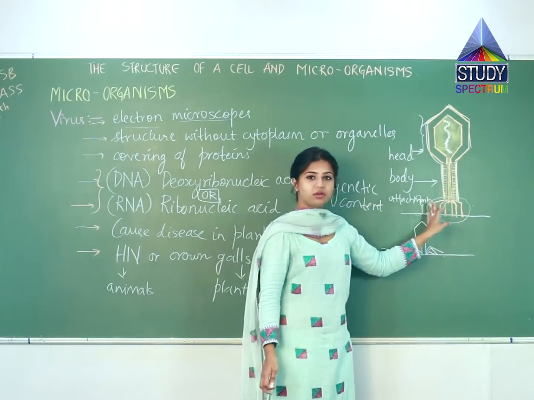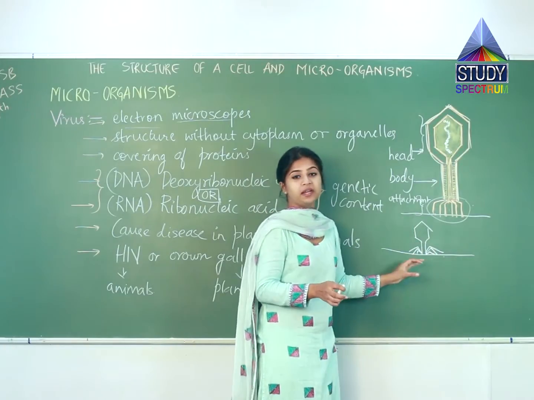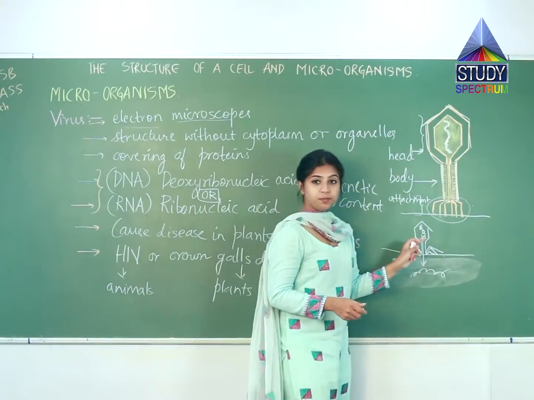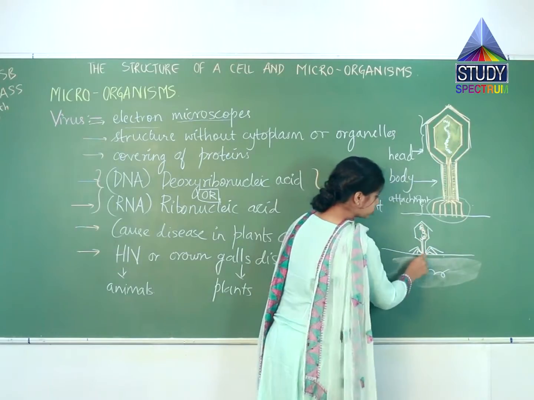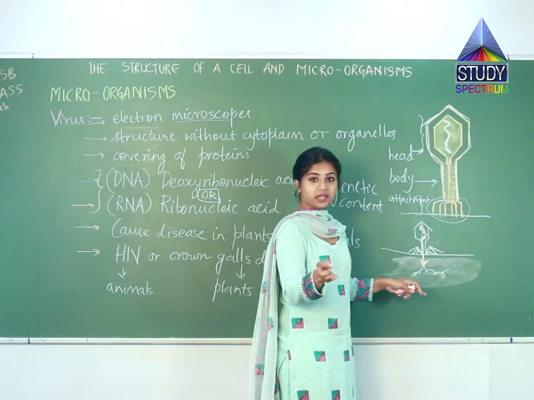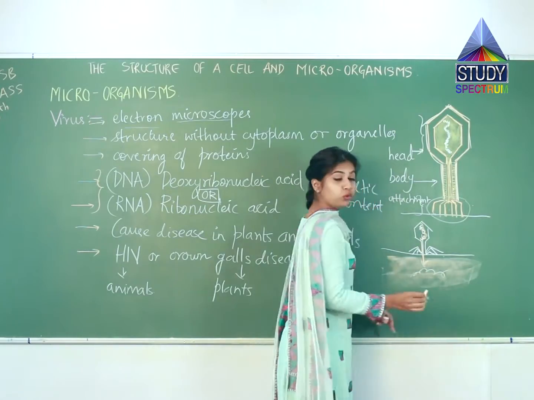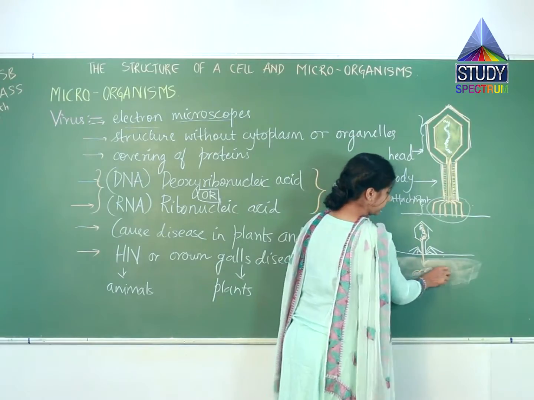Over here you see it's relaxed, but over here it is compressed because it has made an attachment with the cell surface. So this genetic material right here will be pushed down into the cytoplasm of the target cell that I was talking about. You don't need to go into detail with this, but it is just something additional that I wanted to explain to you.